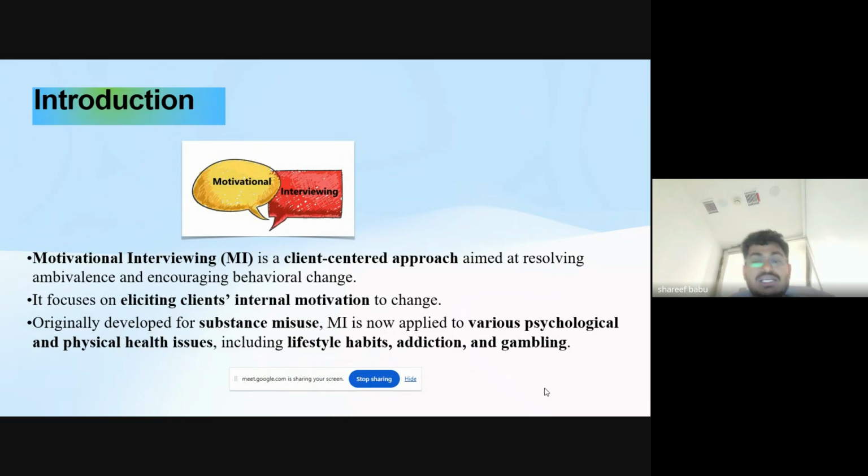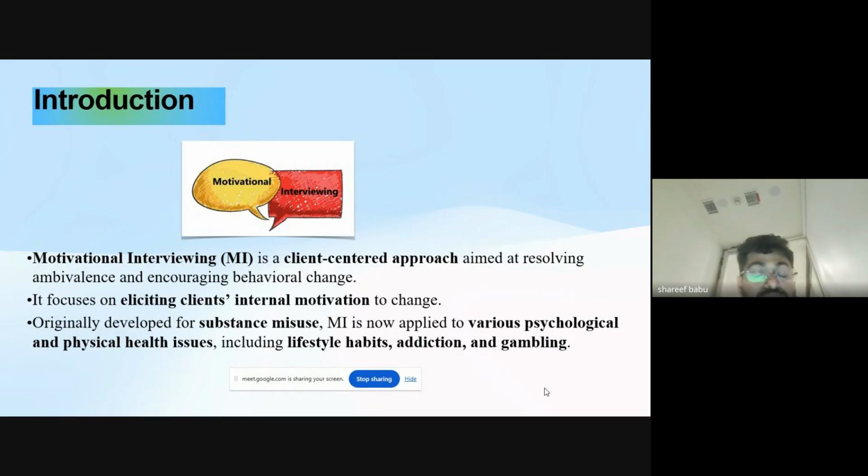Originally, motivational interviewing was developed for substance misuse. Substance misuse means a drug addict, or an alcohol addict, or some other reasons. This means that physiological and physical health changes would be expected in his behaviors.